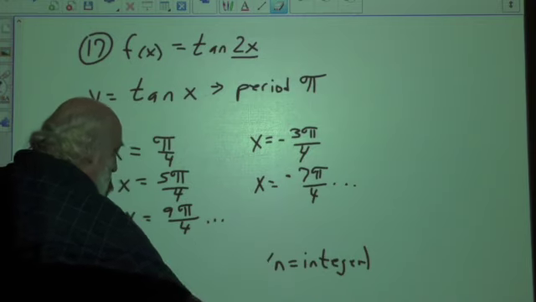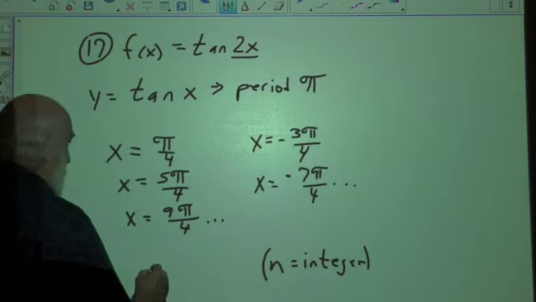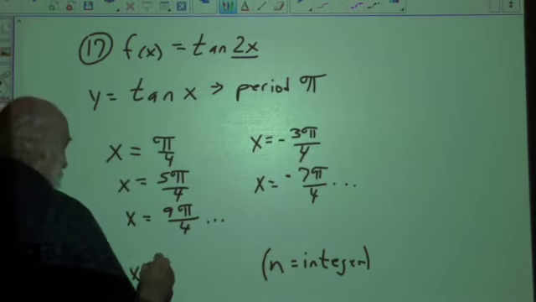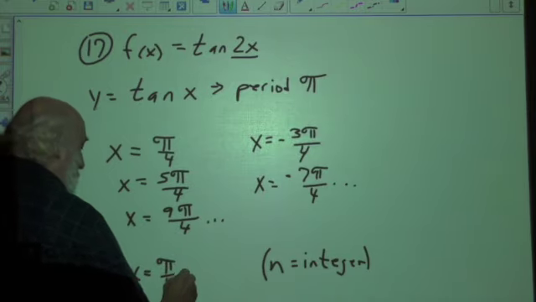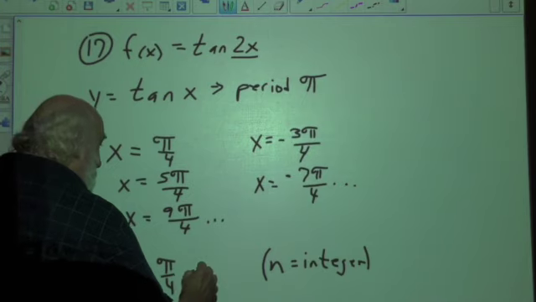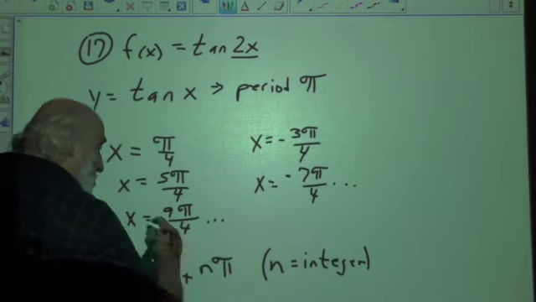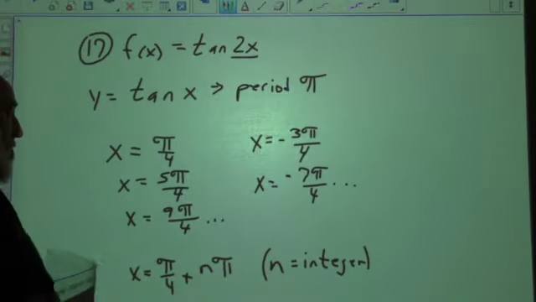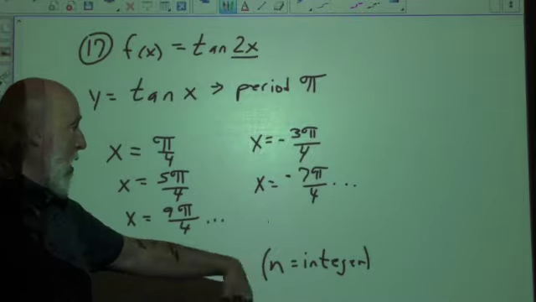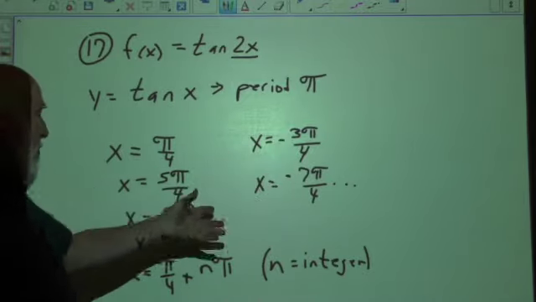So you'd say x equals pi over 4 plus a shift of n times pi, where n is an integer. That takes care of the issue about positive and negative. Or you could simply give examples of both the positive and negative side and put 'and so on' there.